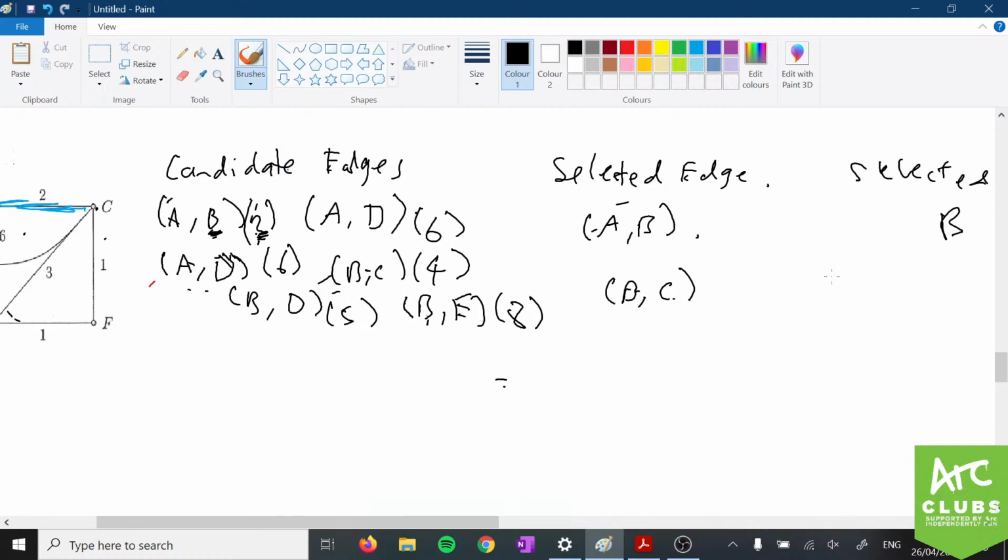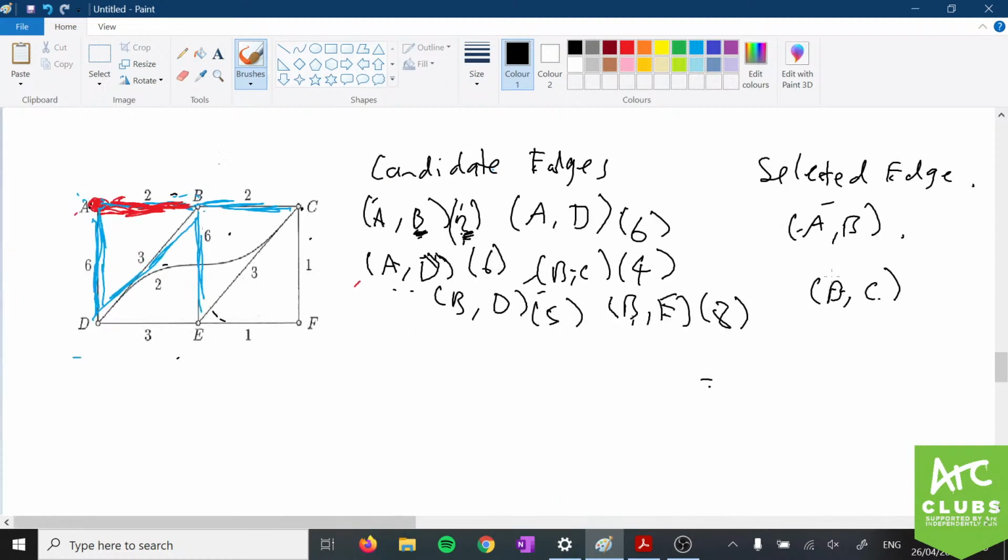Maybe just ignore the selected vertex part for now. And then we would keep going. Which one do we select? BC.